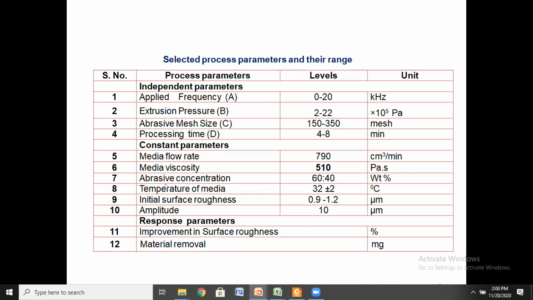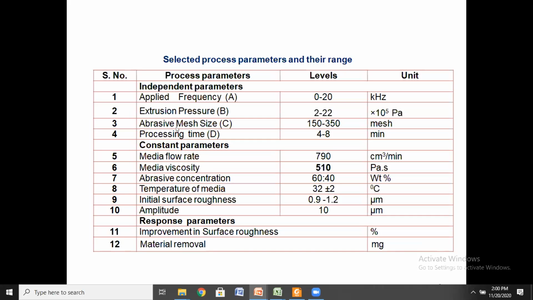Now, after a lot of research and pilot experimentation study, the independent process parameters in UAFM, in my case, are the applied or ultrasonic frequency, extrusion pressure, abrasive mesh size, and the processing time. These four played an important role while conducting the pilot experimentation and also based on the literature.